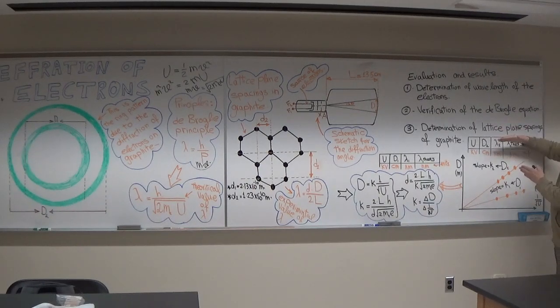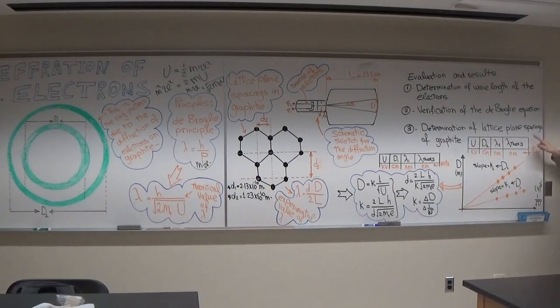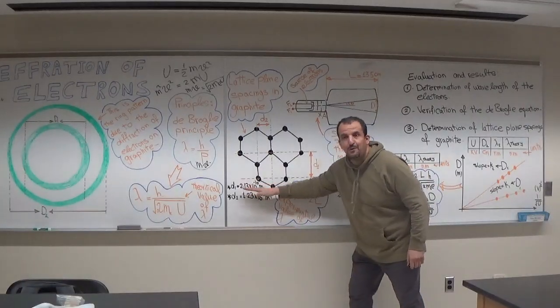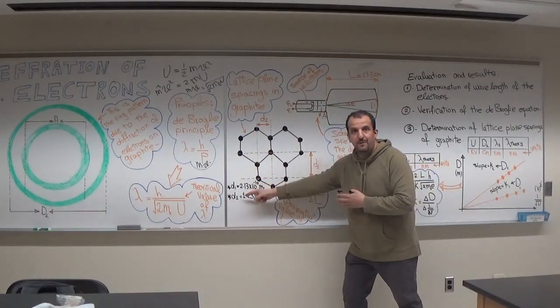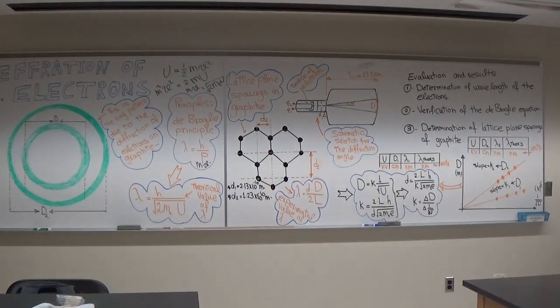Then, by the end of this lab, you need to determine the lattice plane spacing of graphite. Actually, you need to figure out this experimentally and then compare them with the values that we have right here. How can we do that?